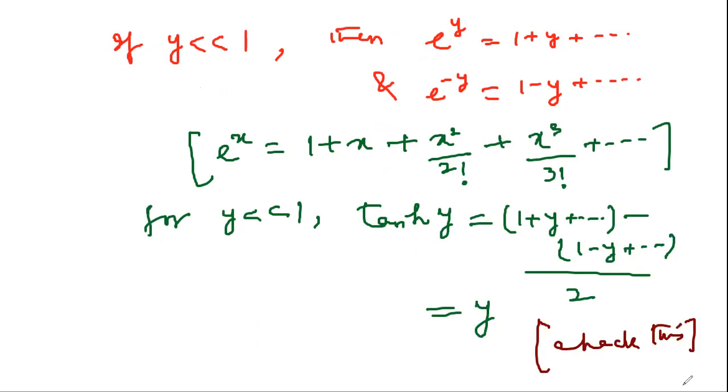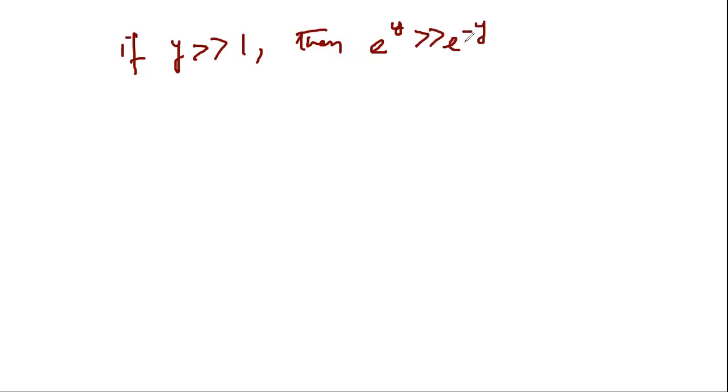So it's just y. On the other hand, if y is much greater than 1, then, let me get my pen back, e raised to the power y is much greater than e raised to the power minus y.